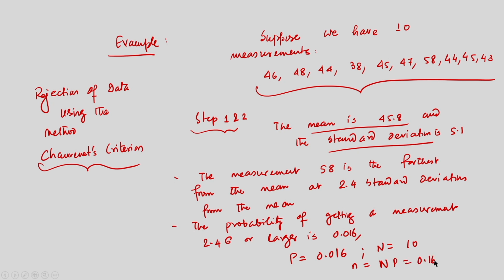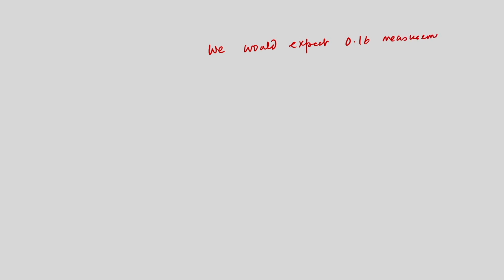If we go to the next slide, we can write that we would expect 0.16 measurements like this, and this small n is less than half.